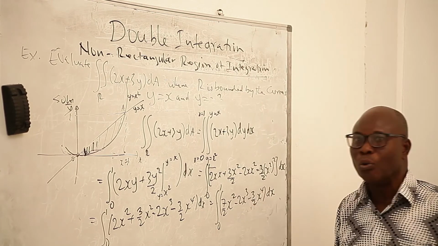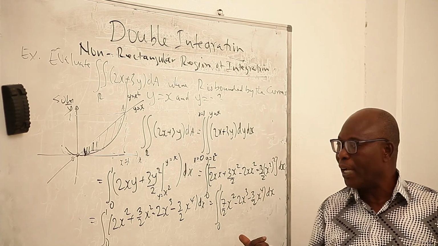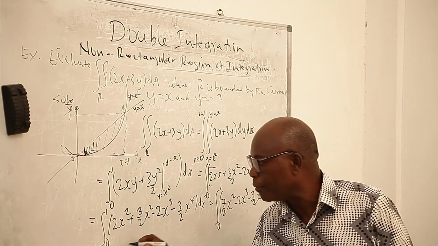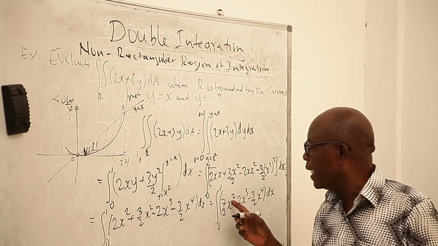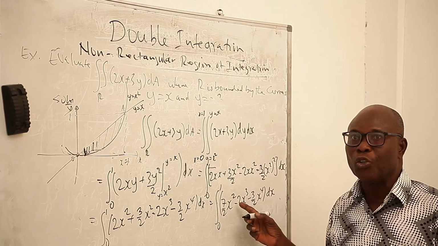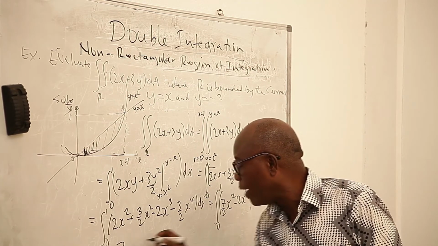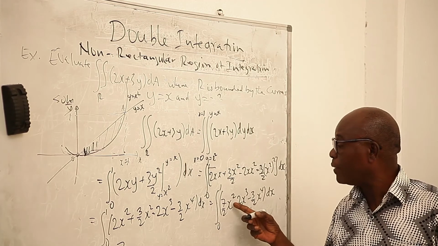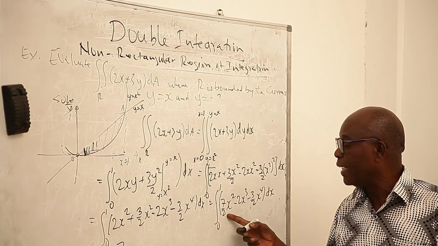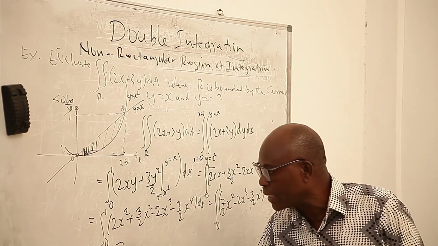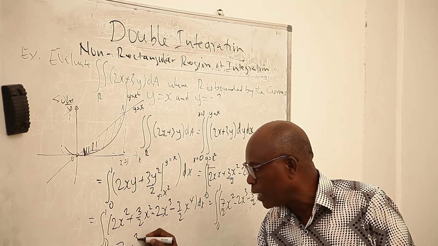So now we are going to integrate with respect to x. And so if you integrate x squared, you get x cubed over 3. So we're going to have 7 over 2 times x cubed over 3. 3 times 2 will give us 6. So 7x cubed over 6 here.